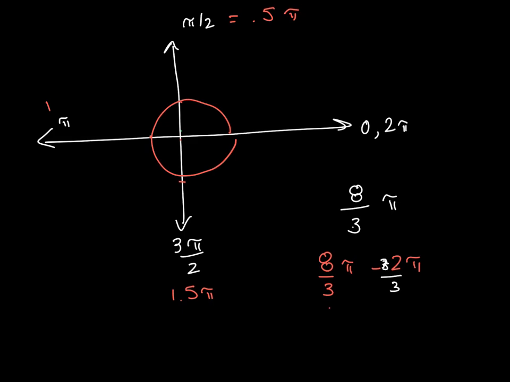And now I'm left with 8/3 pi minus 6/3 pi. Why did I do that? Because 6 over 3 is the same thing as 2. And now 8 minus 6 gives me 2/3 pi.